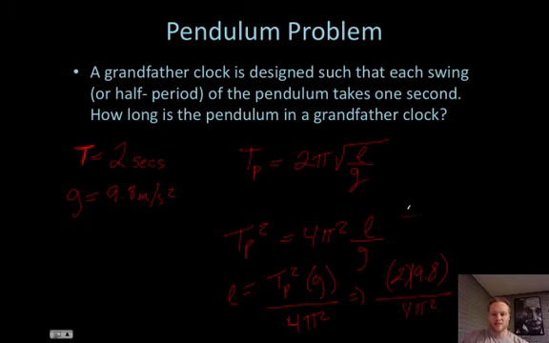If you do that math, you'll get an answer of about 1 meter rounded. So what we found out is that the length, L, is about 1 meter for the pendulum in this grandfather clock.